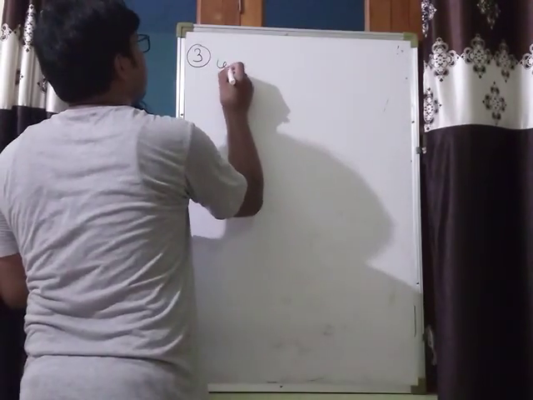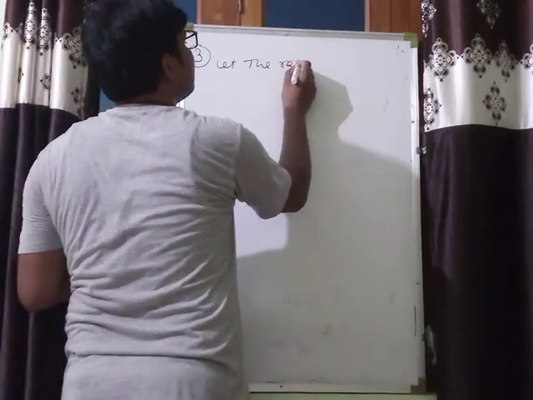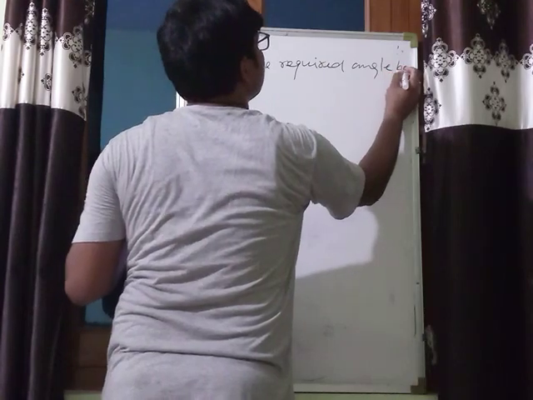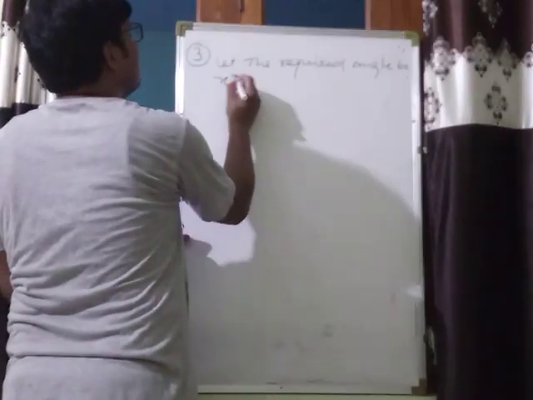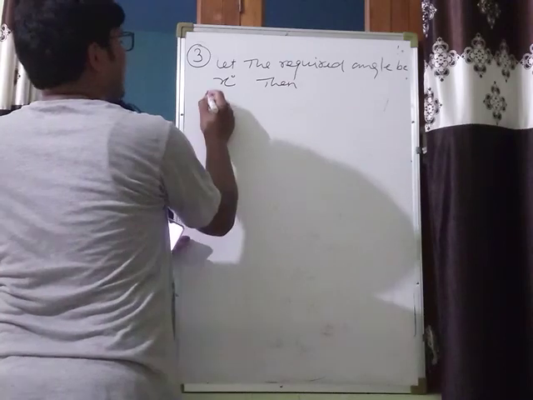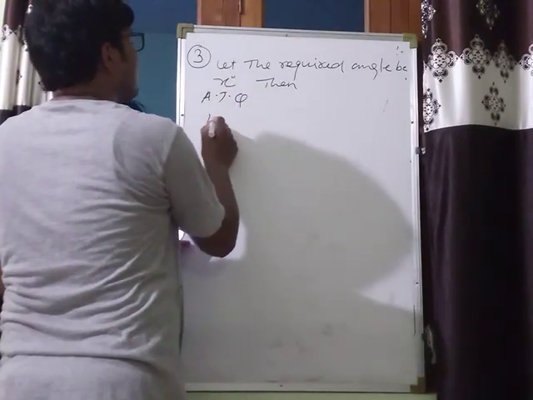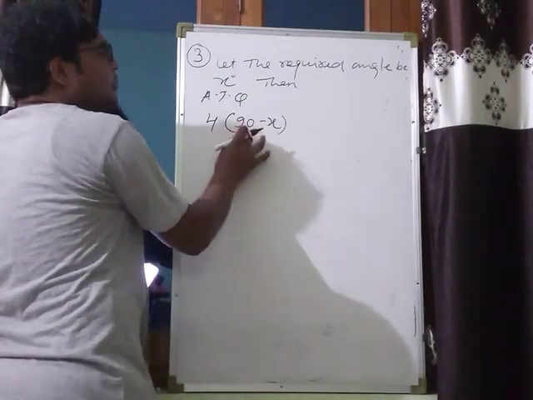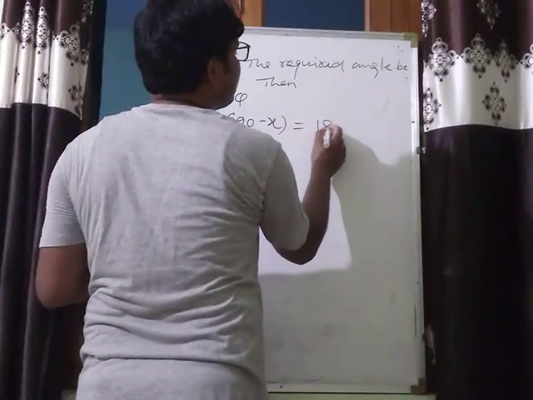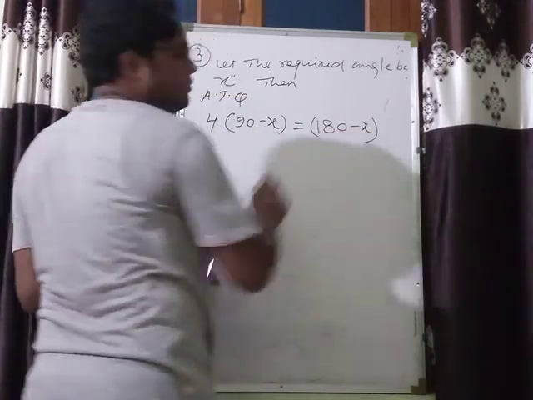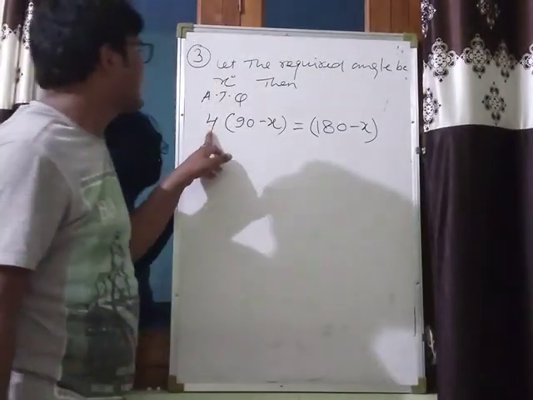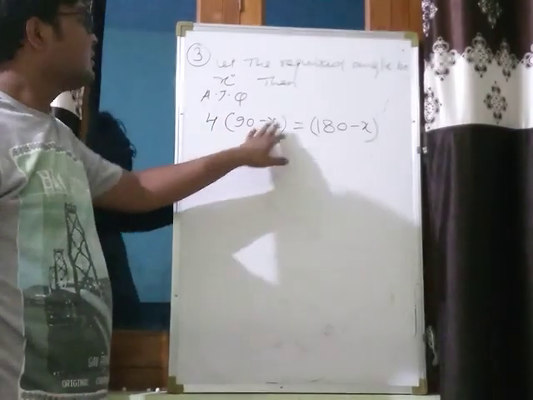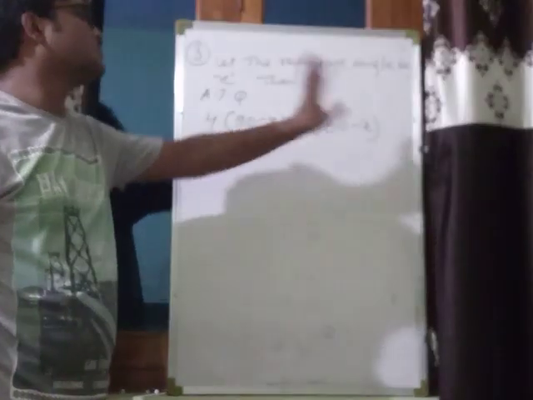Let the required angle be x degree, then according to the question, 4 times its complement, that is 90 minus x, is equal to its supplement, 180 minus x. Okay? 4 times the complement of x, where the complement of x is 90 minus x, is equal to the supplement of x, that is 180 minus x.